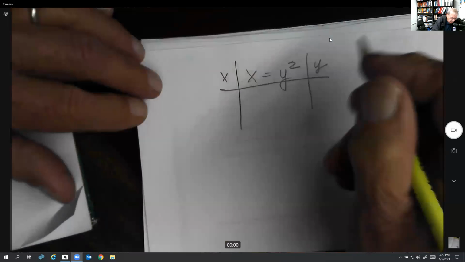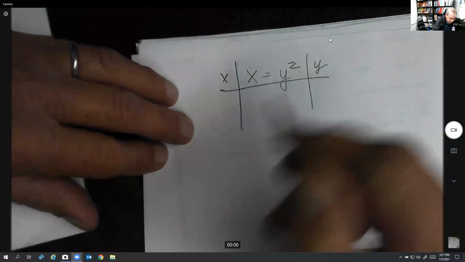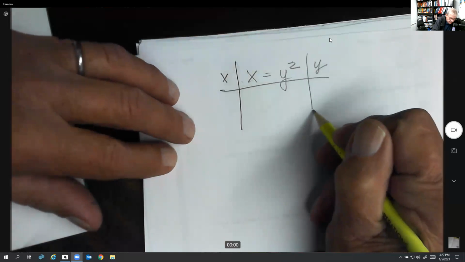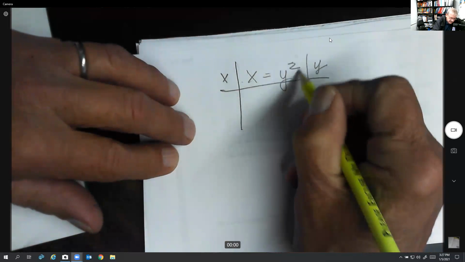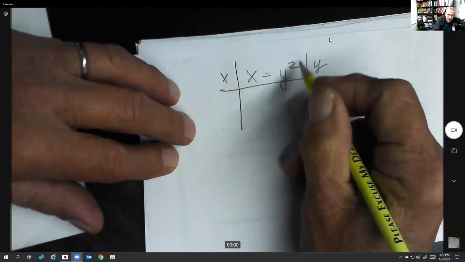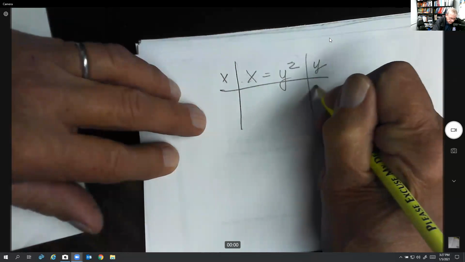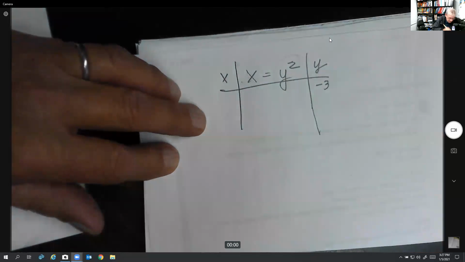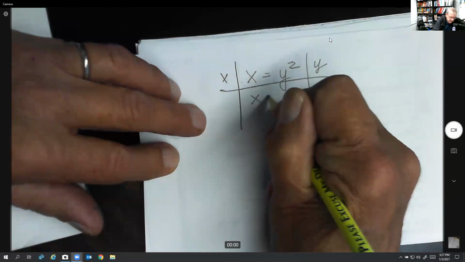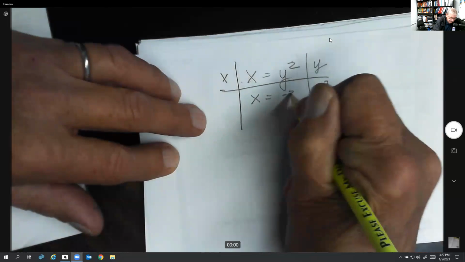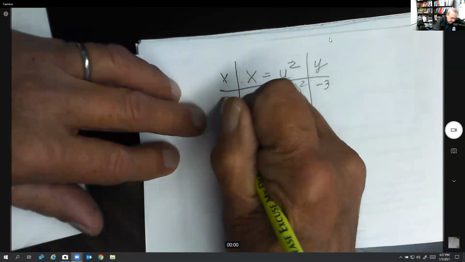So we can't put in very huge numbers. Let's start with a negative 3. So I'm putting in values because, see, this is your independent variable, and we're trying to find a dependent. So I'm going to put in a negative 3, and so x is negative 3 squared, which is 9.